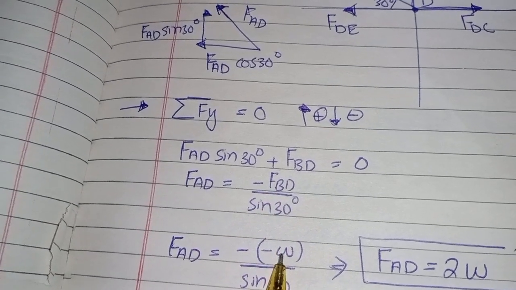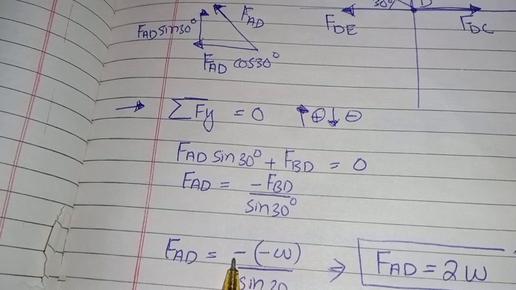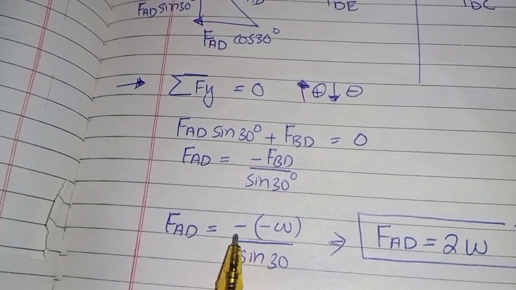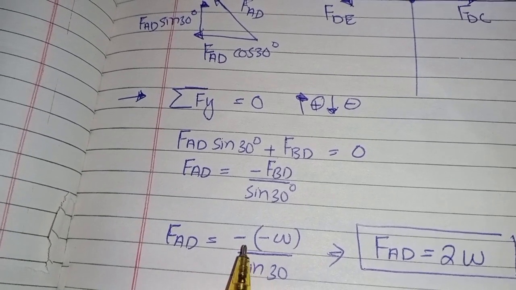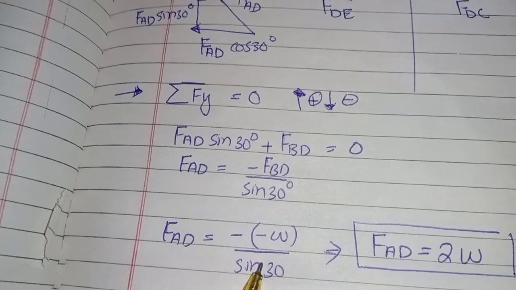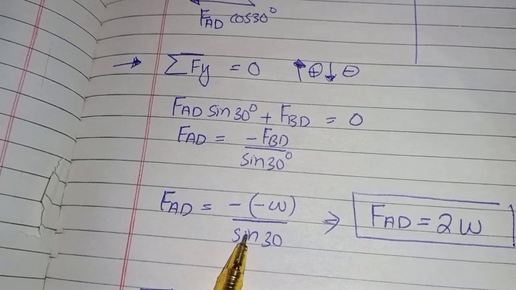FBD is equal to negative W, and the negative sign stays as it is. So divide by sin 30. If you calculate 1 divided by sin 30, it will give you 2.